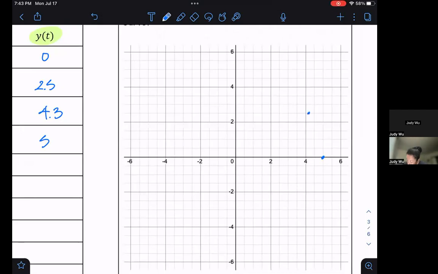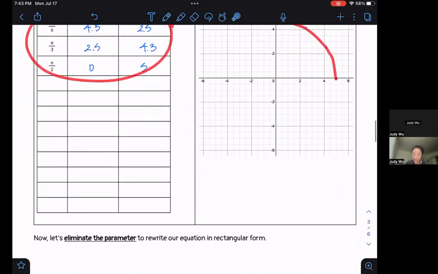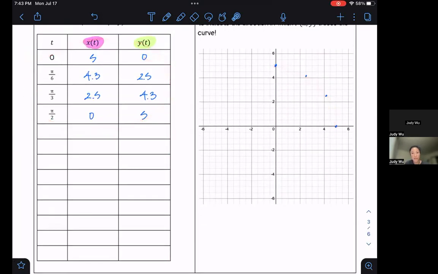Then 2.5, 4.33. And then 0, 5. Now I'm starting to see a shape. And so far, I've only used a quarter of this table.